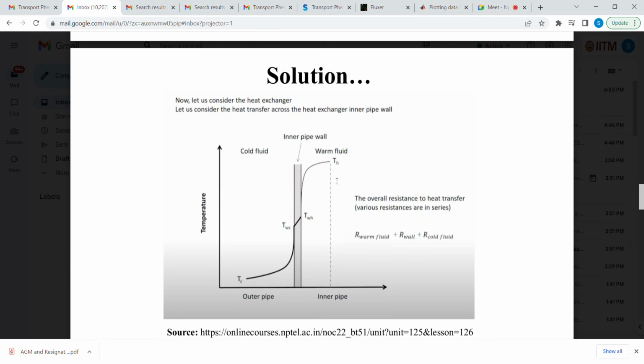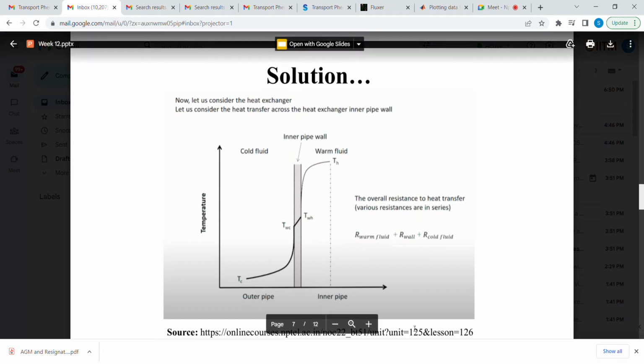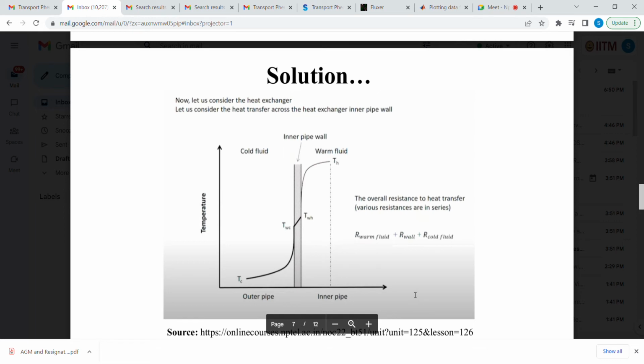So we are going to divide this whole problem, this whole heat transfer, from the warm fluid to the outer wall, and from the outer wall to the inner wall, and from the inner wall into the bulk fluid of the cold fluid. Okay, so these three heat transfers are in series, right?